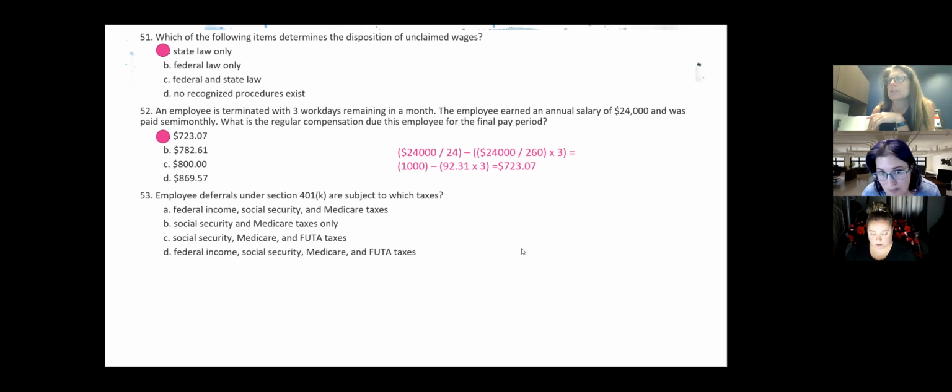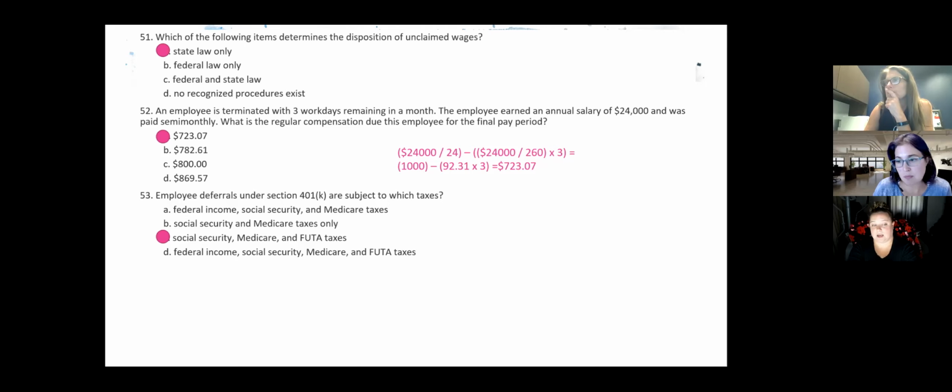See some mixed answers on that one. Employee deferrals under section 401k are subject to Social Security, Medicare, and FUTA. So FUTA was kind of a tricky one because that is an employer tax that's associated with it, so you don't necessarily always think about it, but it is part of the deferral.